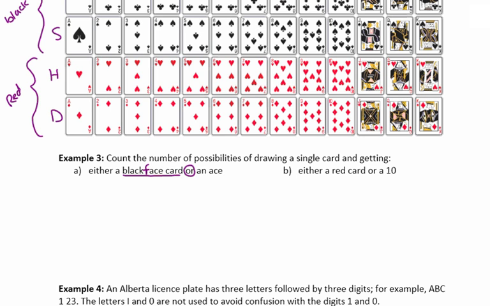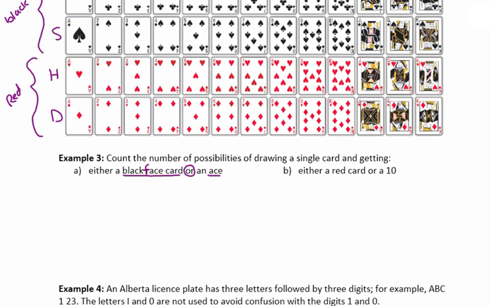It's an unfortunate typo. So this is an or situation. We're only drawing one card, so we're not using the fundamental counting principle here. If I was drawing two cards, then maybe a different situation. But right now we're just drawing one, and it's an or.